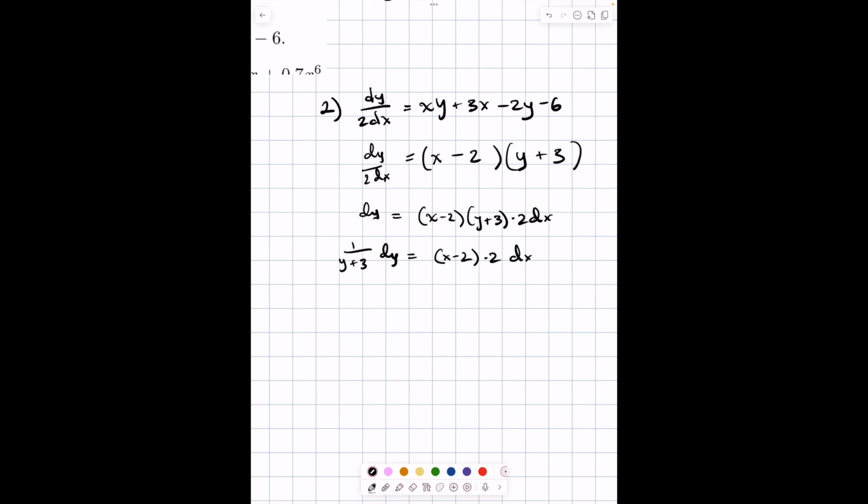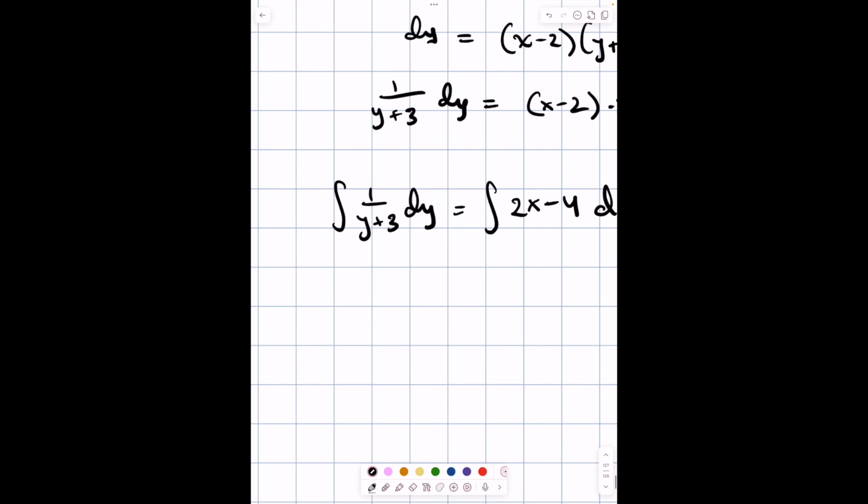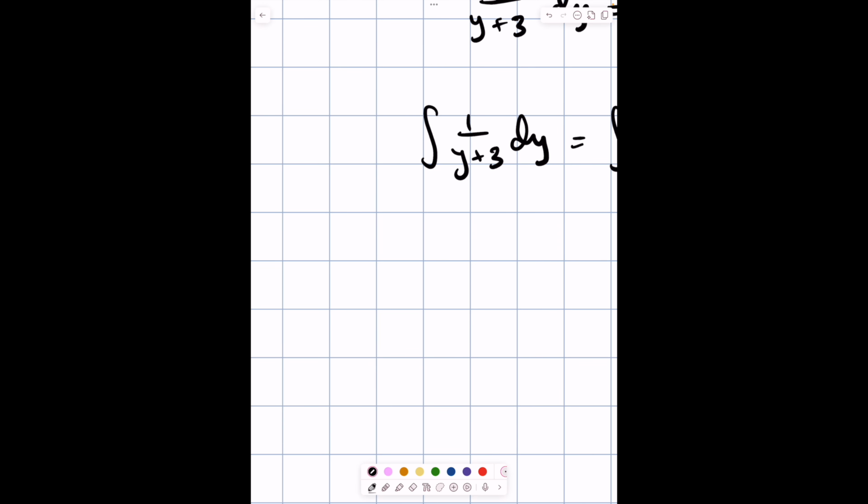And now we finally need to take the integral of both. And then I'm just multiplying this 2 out. Okay, so let's focus on this side first. It looks to me like it's going to be a u substitution.